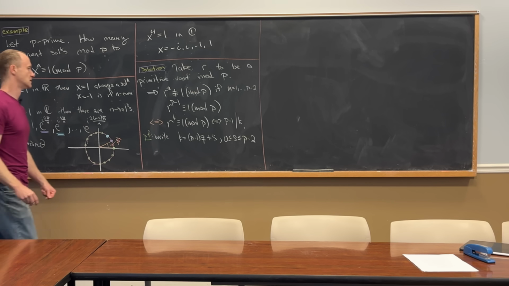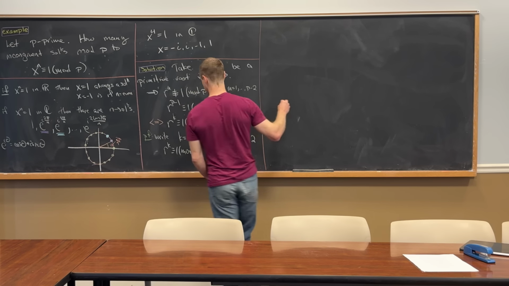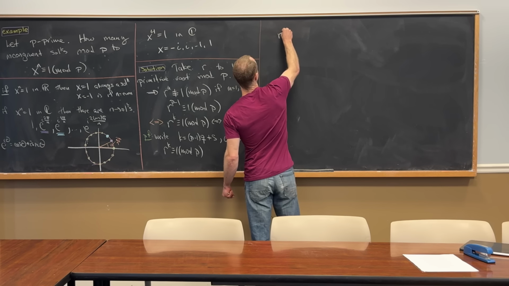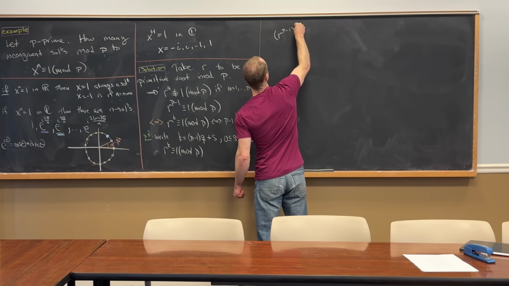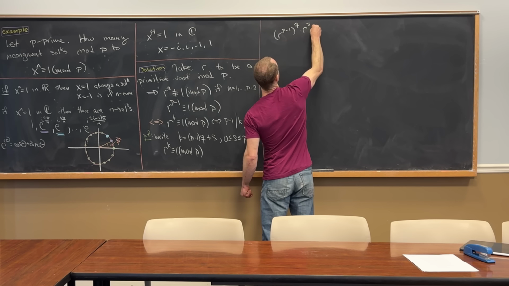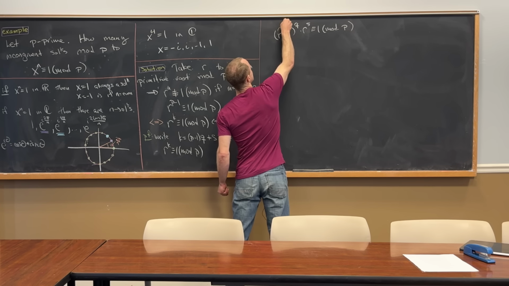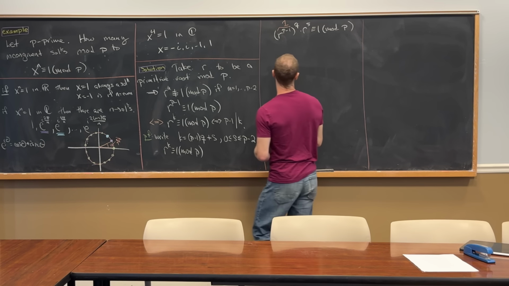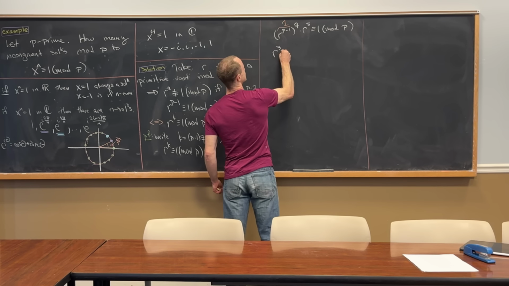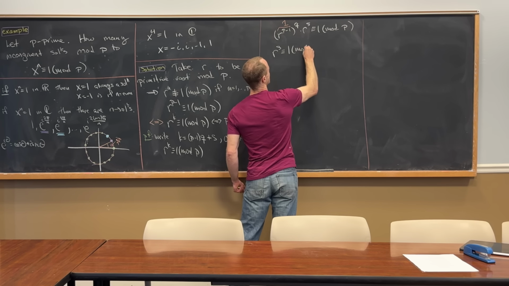But now, if we have r to the k congruent to 1 mod p, then that means that r to the p minus 1 to the q times r to the s is also congruent to 1 mod p. But then this is 1. Then that means that we have r to the s congruent to 1 mod p.